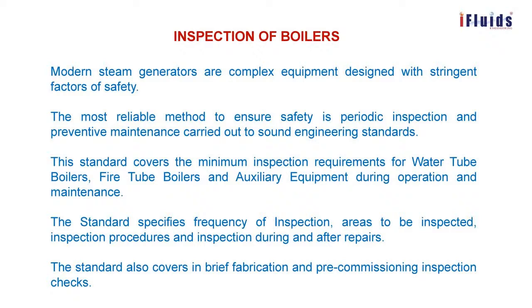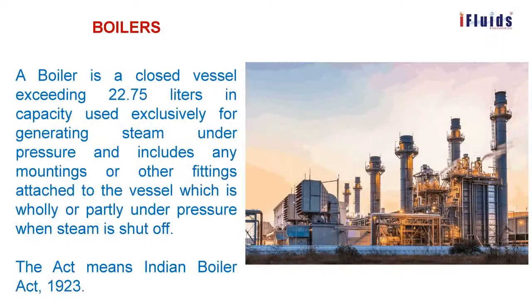These water tube boilers and fire tube boilers are two types of boilers classified based on the flow of water in the tube or in the shell. The standard specifies frequency of areas to be inspected, inspection procedures, and inspection during and after repairs. The standard also covers in brief fabrication and pre-commissioning inspection checks.